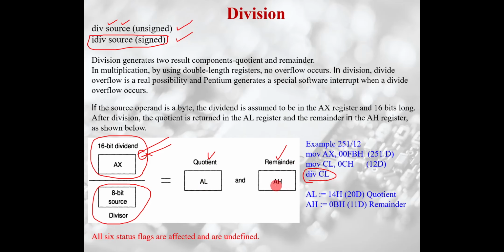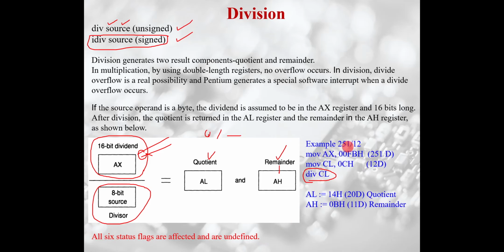In mathematics we generally write the quotient and then the remainder, but here the remainder is in the AH register and the quotient is in the AL register. Again, we should not take the flags into consideration, they may not be very correct. Zero flag and sign flag and those things should not be taken into consideration.